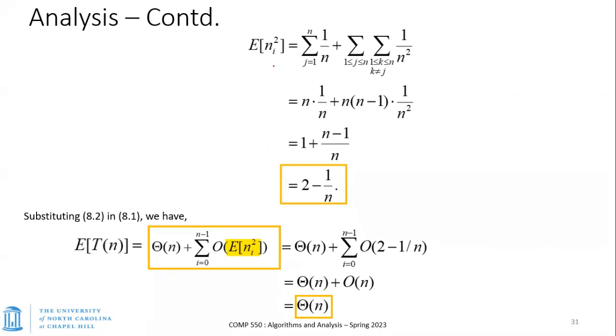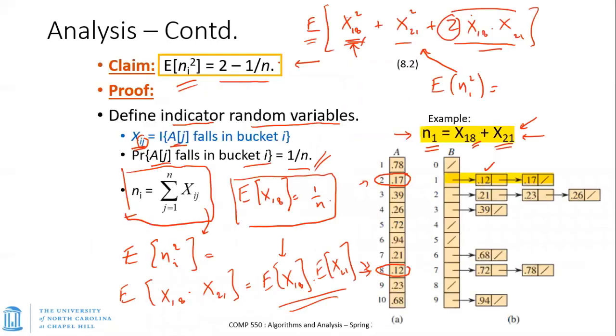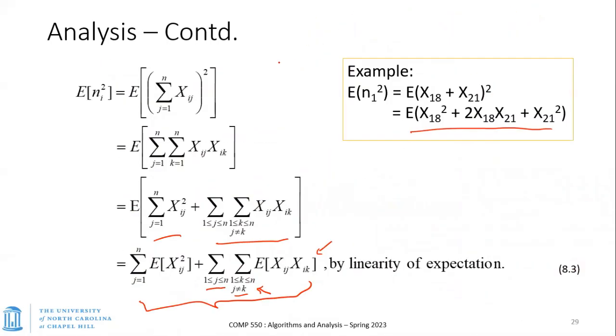So now the expected value of n sub i squared, which was coming in from here.